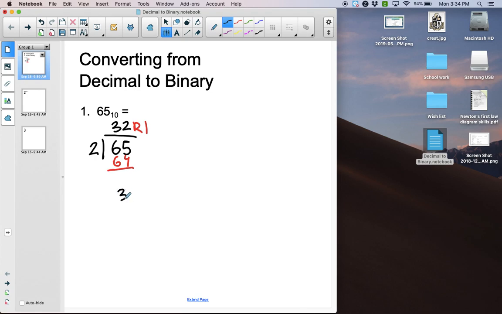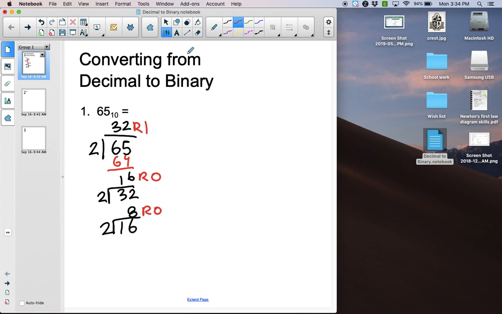But we have to do the rest of it. So we take the 32 and continue dividing. What's 32 divided by 2? That would be 16. Perfect. But this time, no remainder. We're going to write that as remainder 0. And we continue doing that. 16 divided by 2 is 8, with a remainder of 0 again.